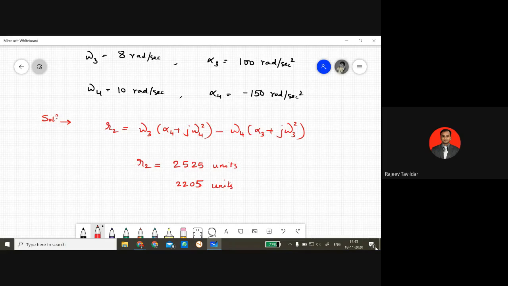Others, are you solving this or not? If not, then I'll just go on giving the answers. Okay, since I'm not getting an answer, we'll continue with whatever answer you gave, that is 2525 units. Similarly, theta 2, have you calculated?